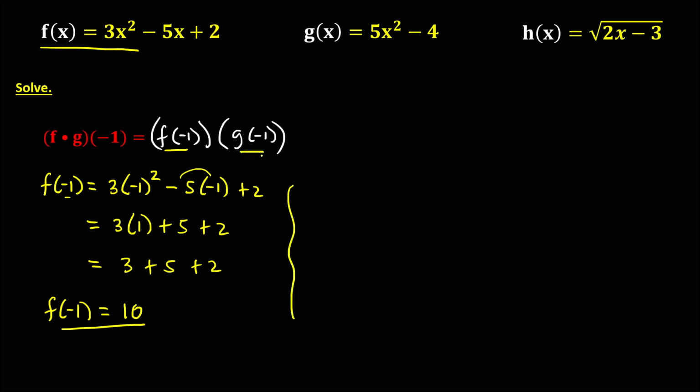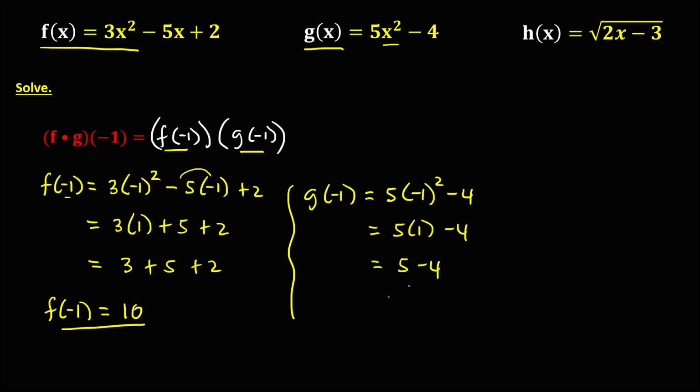Then for this g of negative 1, from g of x, we have 5 times negative 1 to the power 2, then minus 4. And this is 5 times 1 minus 4. So we have 5 minus 4.